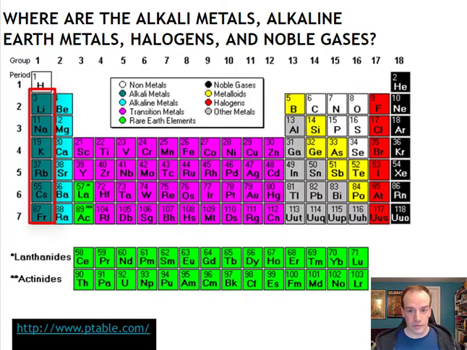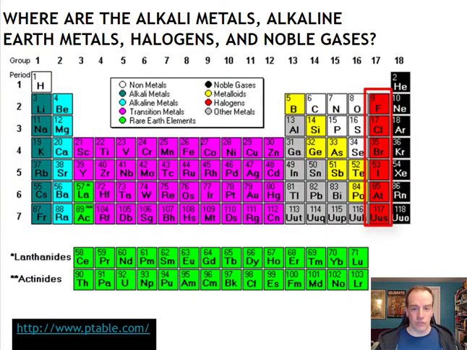They don't exist by themselves in nature. They're always reacting, right? And they're metals, so they have properties of metals. We have very reactive nonmetals that are in group 17. So if you look at group 17, the halogens are extremely reactive, and they don't exist by themselves in nature either. So those are properties of those families.